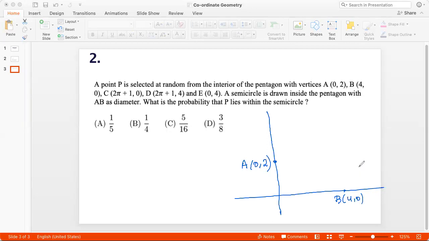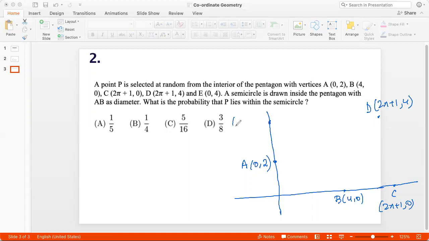C is 2 pi plus 1 comma 0. 2 pi plus 1 will be close to 7. D is 2 pi plus 1 comma 4, and E is 0 comma 4.